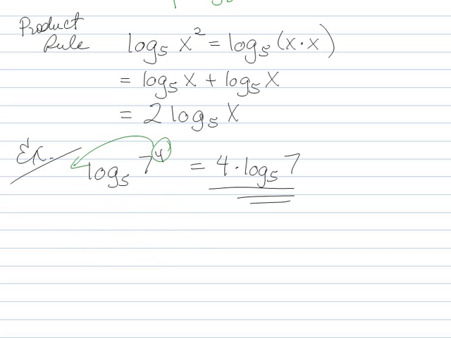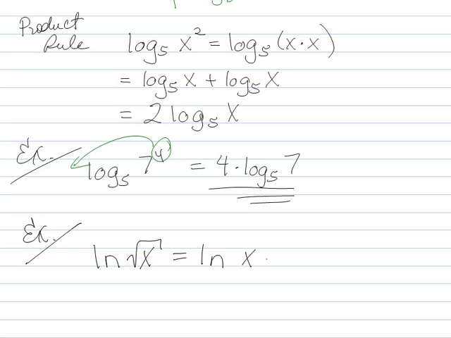Alright, so the way that we make these problems hard is we combine them with other things. Say we had natural log of the square root of x. I might not initially think of that as a power, because there's no exponent, but there is. The square root is a certain kind of exponent.